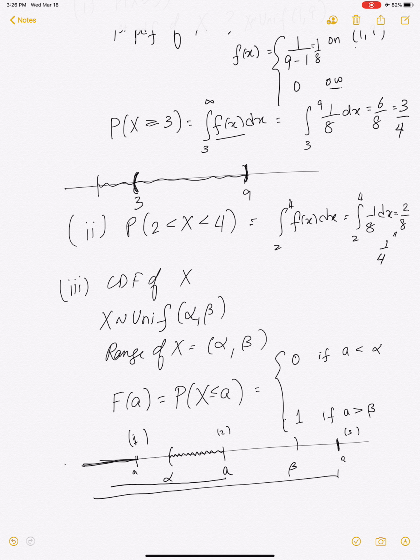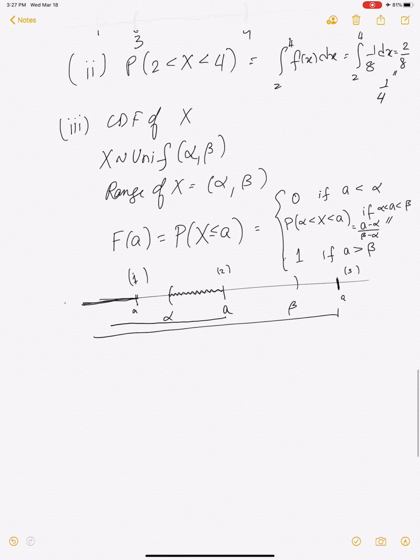So this will be the same as the probability that x is between alpha and a. We've already seen this is the length of this interval divided by the entire length. So it's (a minus alpha) over (beta minus alpha).